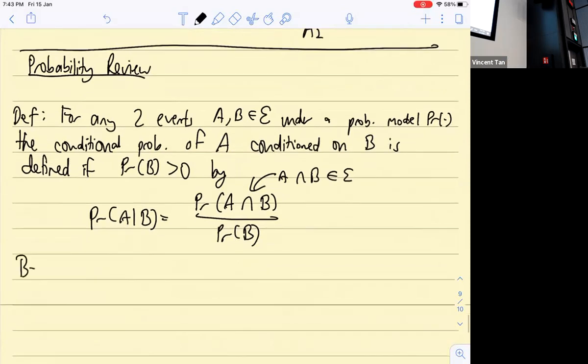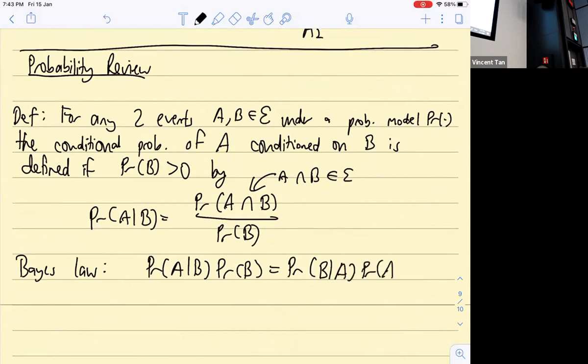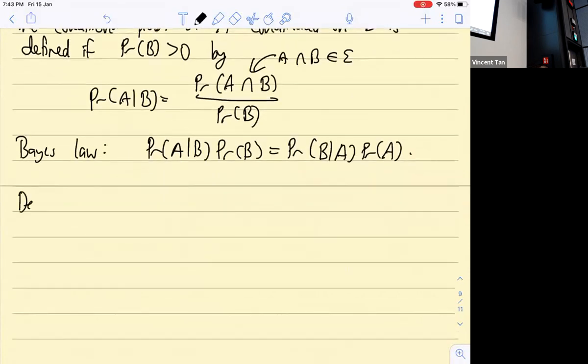So there's a famous rule called Bayes' law or Bayes' rule that says that P(A given B) times P(B) is equal to P(B given A) times P(A); you can flip this. Because both sides are equal to the probability of the intersection. So this is Bayes' rule. We are always going to use it.